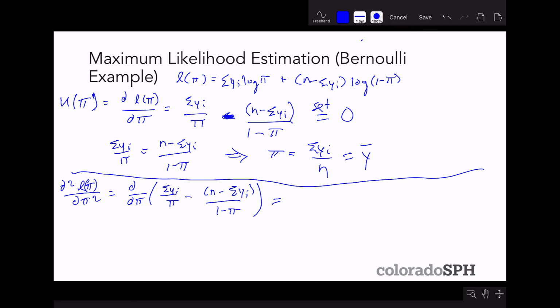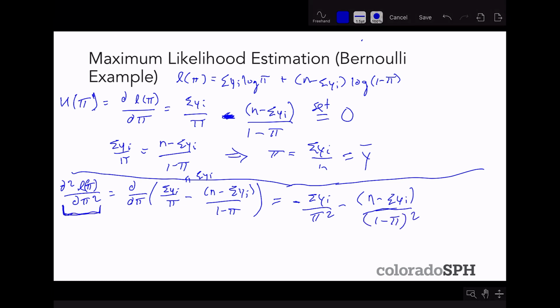And what you get is the derivative of negative sum over yi times pi inverse, so you get negative sum over yi over pi squared, minus n minus sum yi over 1 minus pi squared.